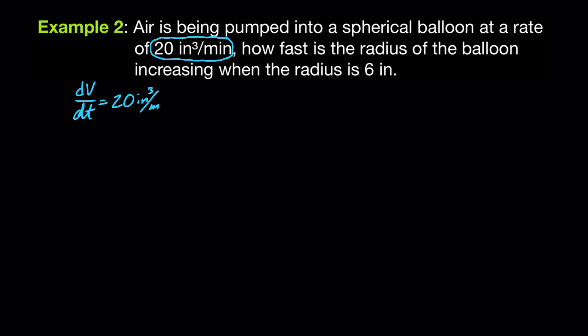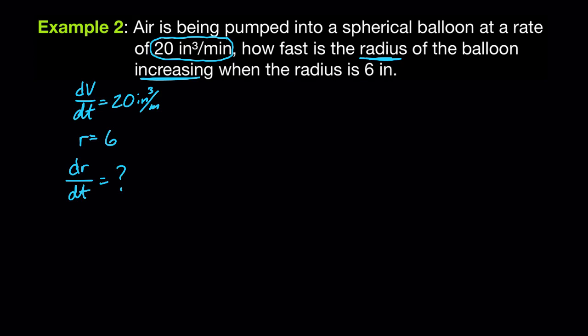And then the question is, how fast is the radius of the balloon increasing when the radius is 6? How fast is the radius of the balloon increasing? Okay, so that is going to be the rate at which the radius is changing. That is what we are looking for.